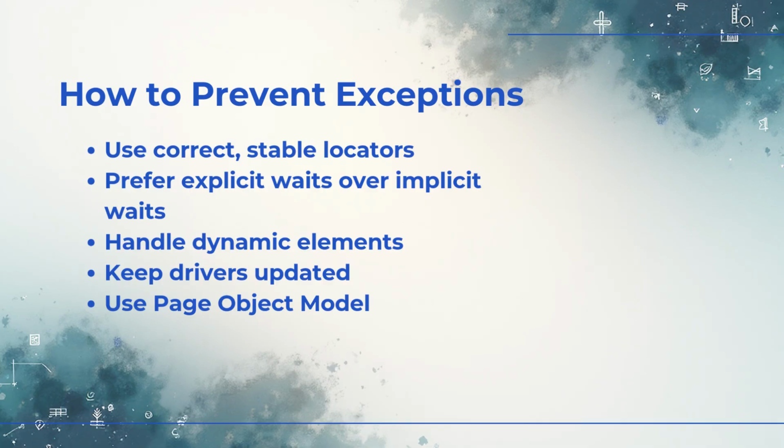Keep your browser and driver versions compatible. As of now, we don't have to worry about that, but you have to be careful about this version compatibility. And structure locators using the page object model to reduce maintenance overhead.